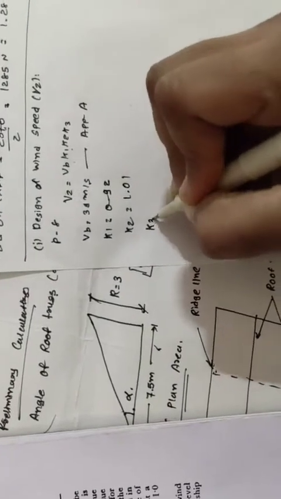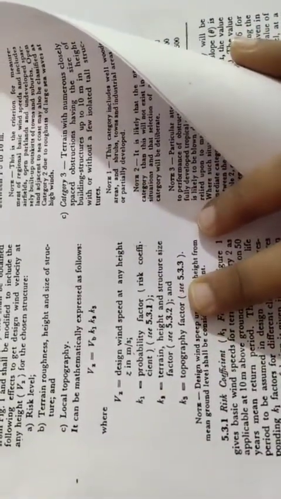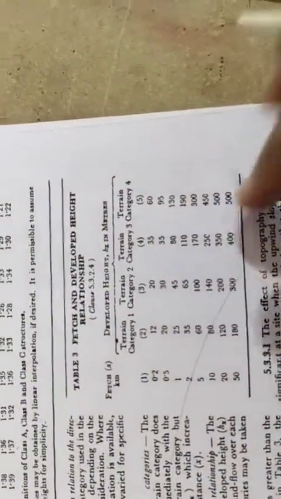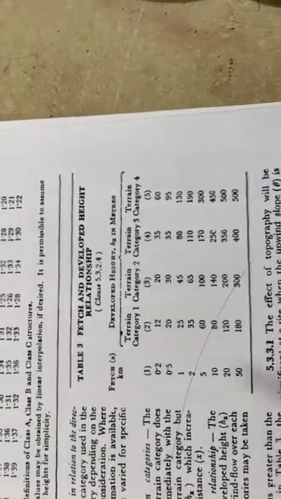Now we're talking about the K3 factor, right? Here K3 is equal to the topography factor, which is given in 5.3.3. So we're talking about 5.3.3, which is the topography factor, basically given in this table 3, right?